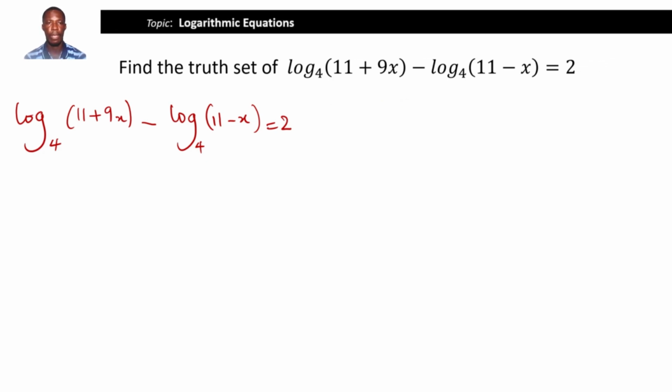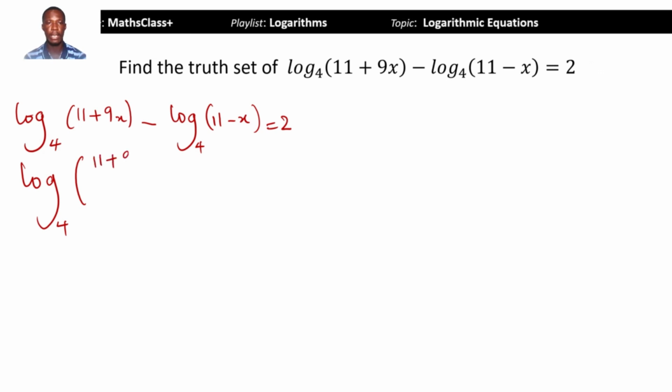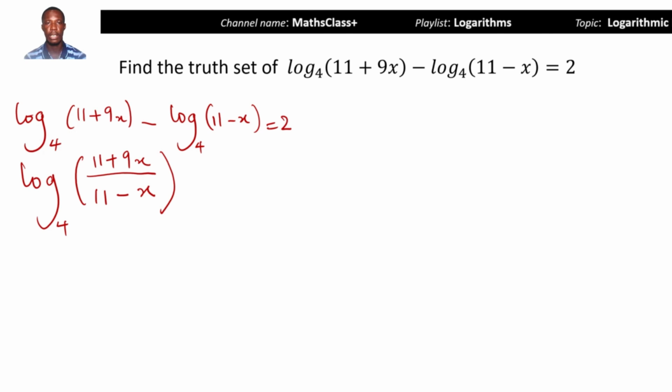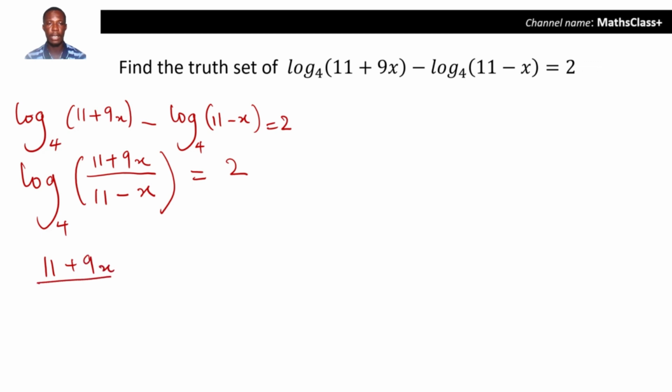Okay, so this one, because of the subtraction, we can rewrite as log to the base 4 of 11 plus 9x divided by 11 minus x, and this is equal to 2. So I can change this to indices and obtain 11 plus 9x divided by 11 minus x is equal to 4 to the power 2.